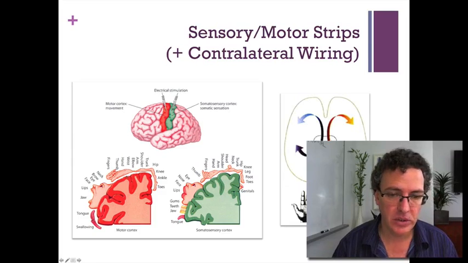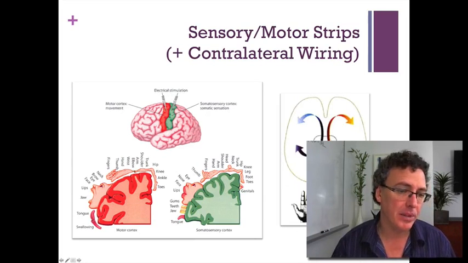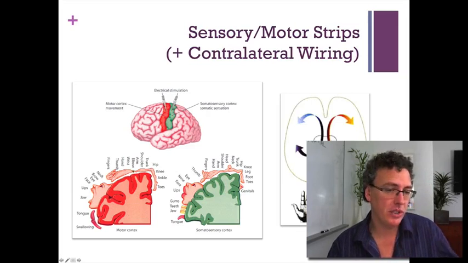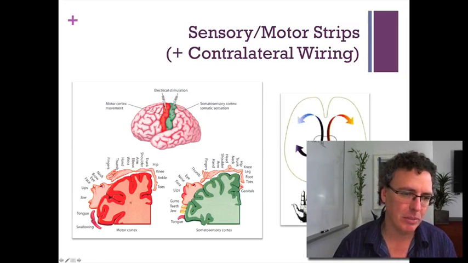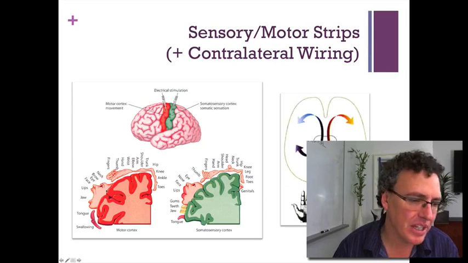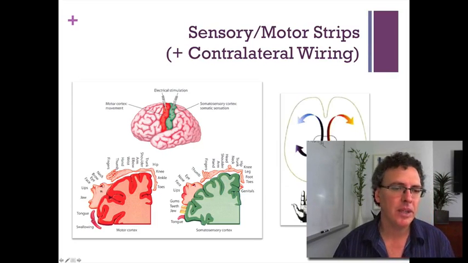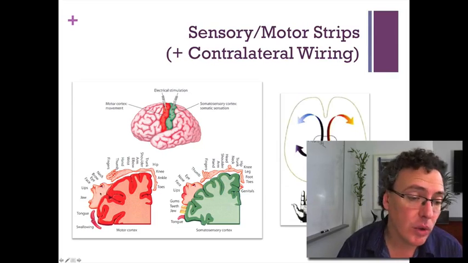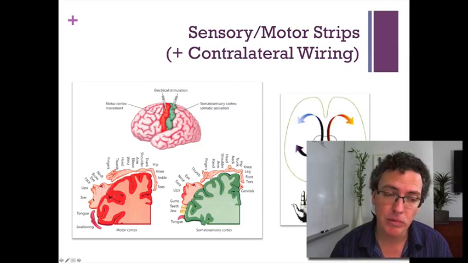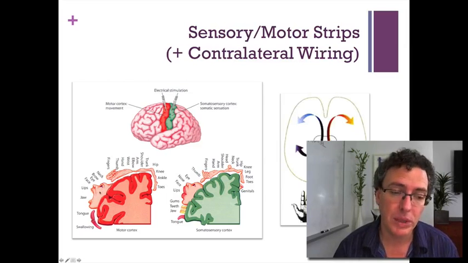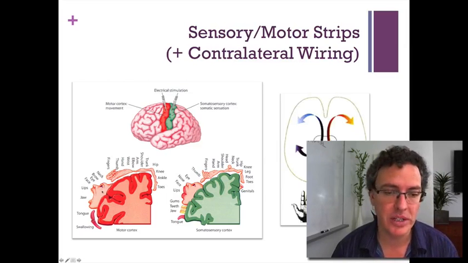And so you see, I made a big deal out of the elbow. There's not really an elbow on the sensory motor cortex because there's no sensory tissue devoted to it. But there is an elbow here, small, not a lot of tissue. The elbow doesn't do much. It basically bends, but there's a bit there. But again, the hands, the mouth, the face, the tongue, those areas get a whole lot of cortex devoted to them because we're doing very rich, complex movements with both our hands and our faces.